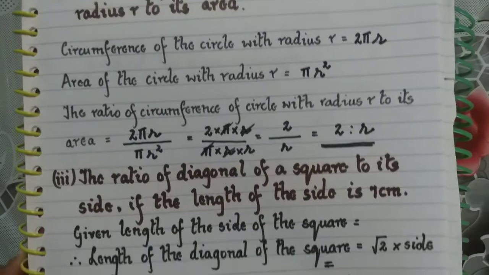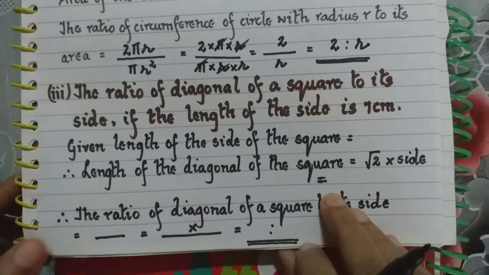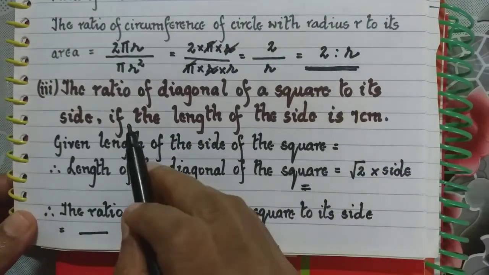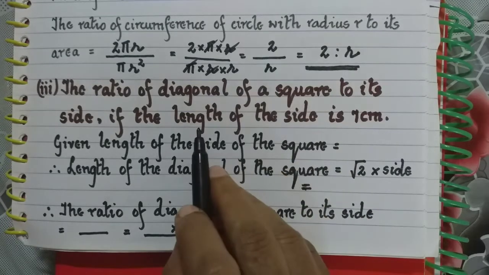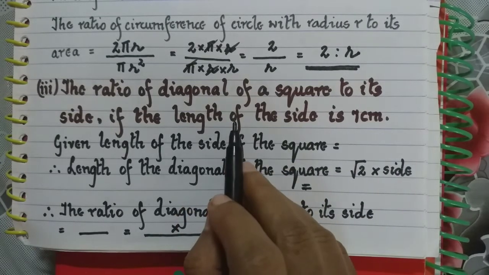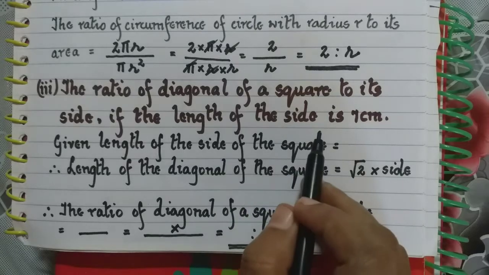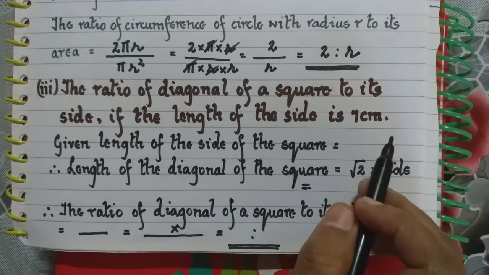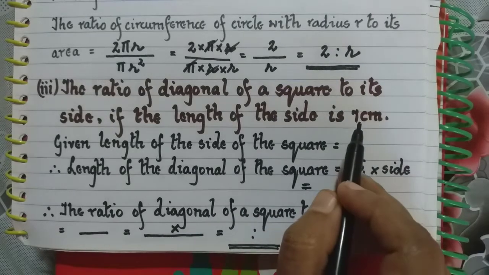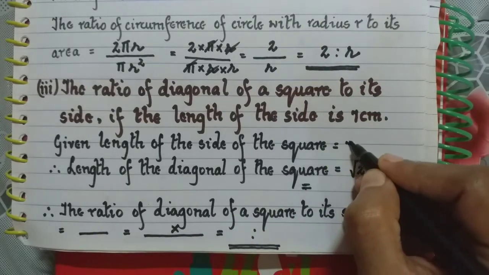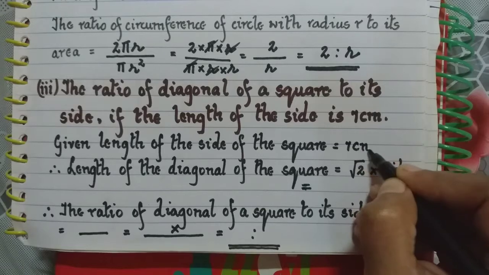Now going to the third sub-question. You have here the ratio of diagonal of a square to its side if the length of the side is 7 centimeter. Now, what is the length of the side of the square given? That is 7 centimeter.